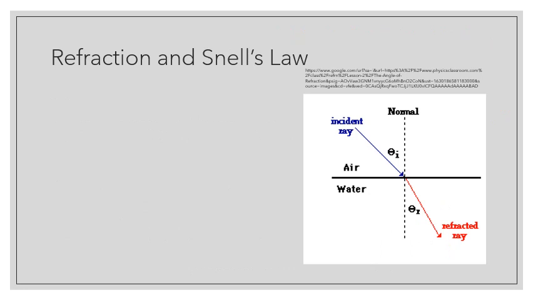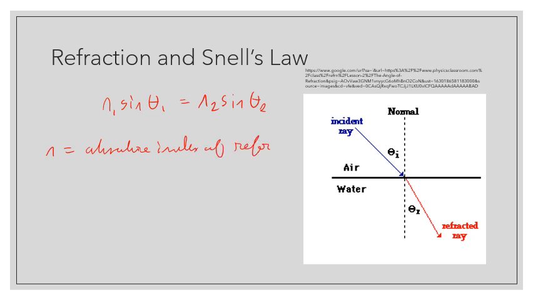Alright, so Snell's law is n1 sine theta 1 is equal to n2 sine theta 2, where n is equal to the absolute index of refraction. That will be a constant that will be given to you depending on what medium is being discussed.